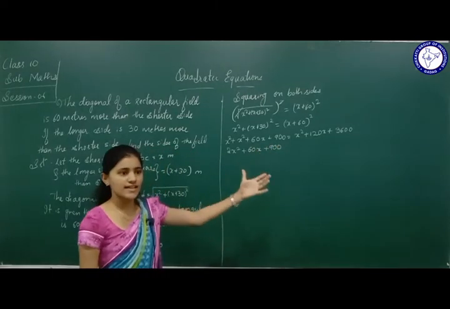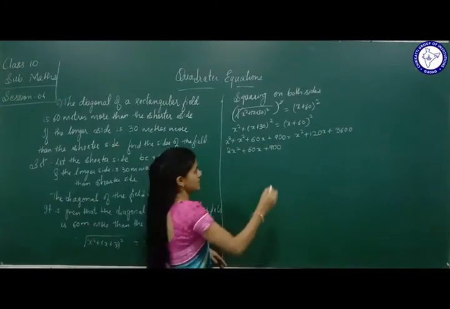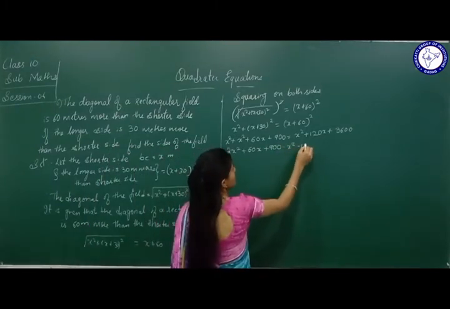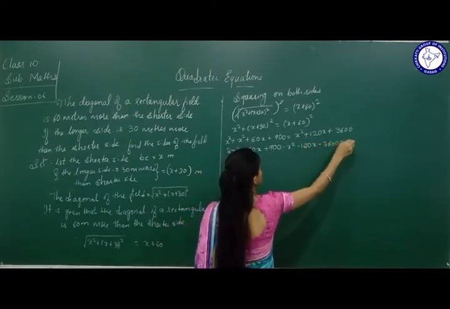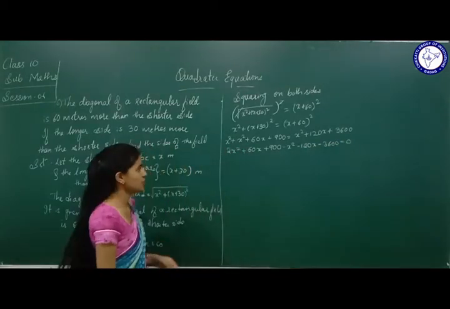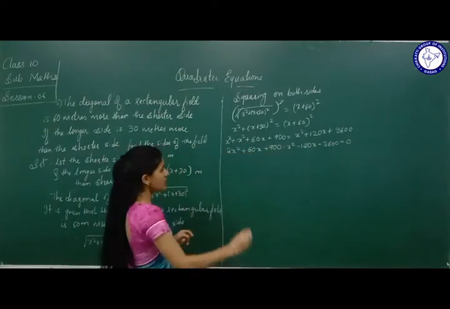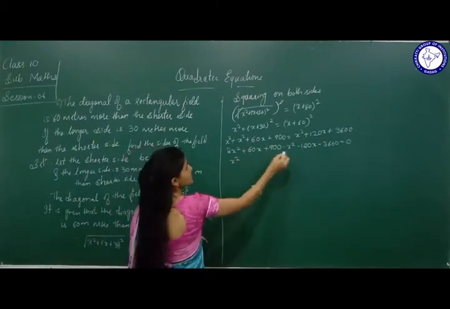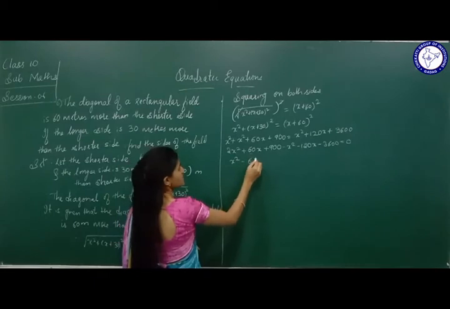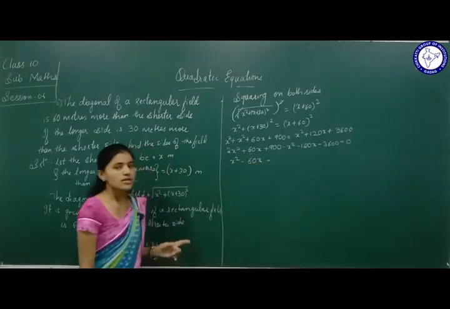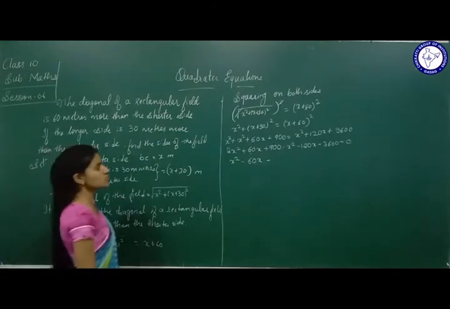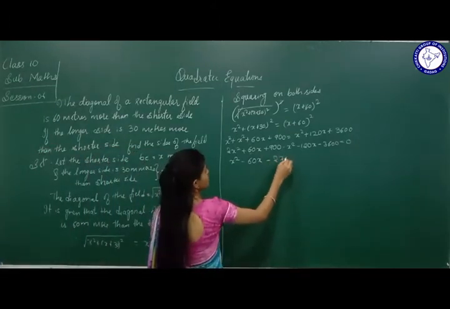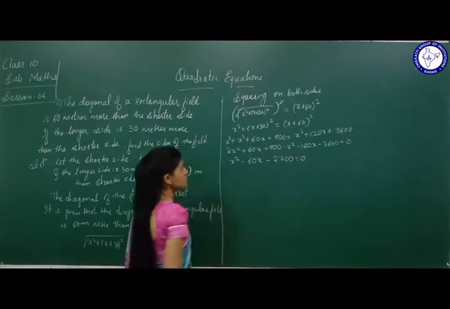Shift all the right hand terms to the left hand side: minus x square minus 120x minus 3600, equal to 0. Then 2x square minus x square is x square, 60 minus 120 is minus 60x, and 900 minus 3600 is minus 2700. This equals 0.